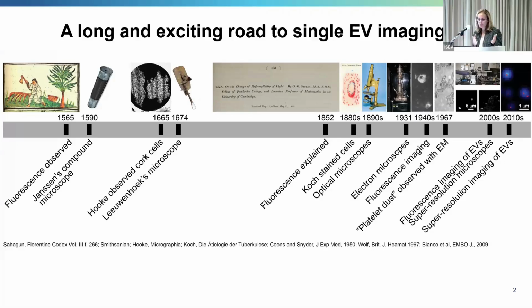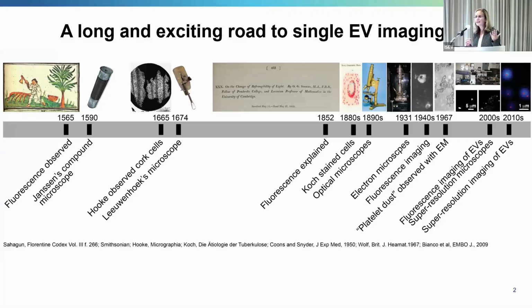So we started in the 1500s, because that's really where fluorescence was discovered, in the bark of the Mexican tree. And then there was a really long period. You see these beautiful images of cork cells that were drawn by Hooke. And then, somewhere around the 1940s, Coons got these beautiful images of cells done by immunofluorescence.